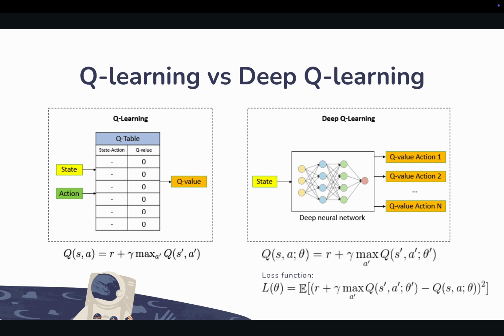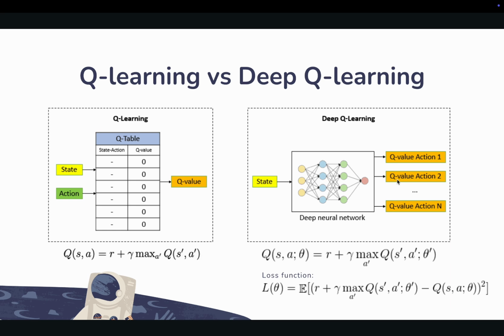In deep Q-learning, we use the Q network to update the Q value. You can see it in the figure on the right. Instead of mapping state and action pairs to a Q value, the neural network maps the input state to action and Q value pairs.